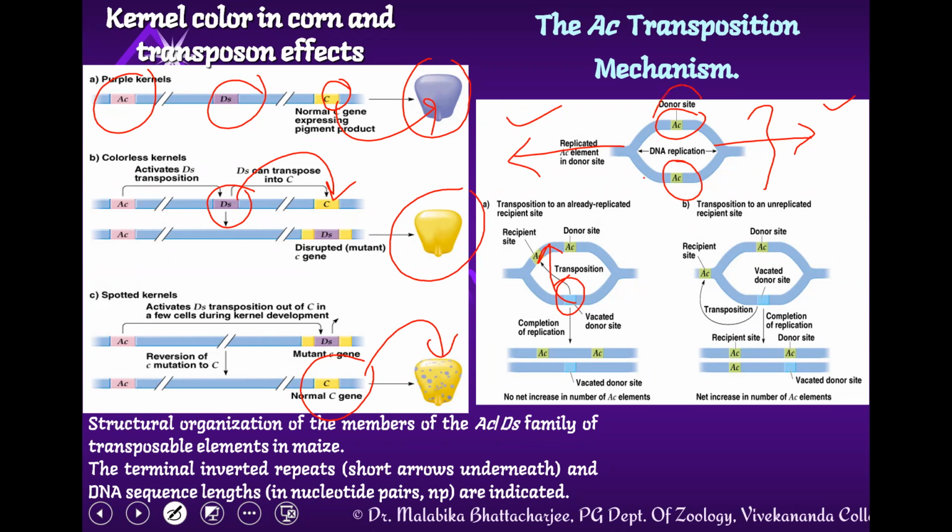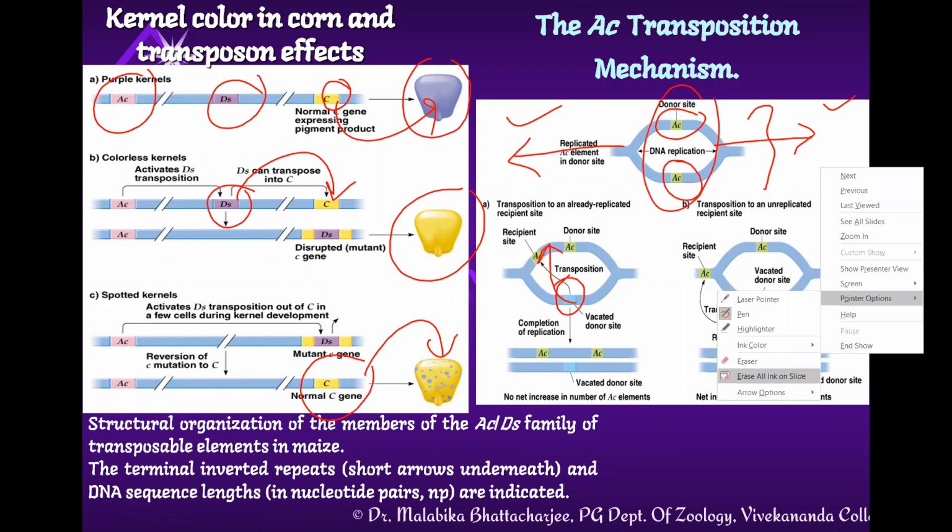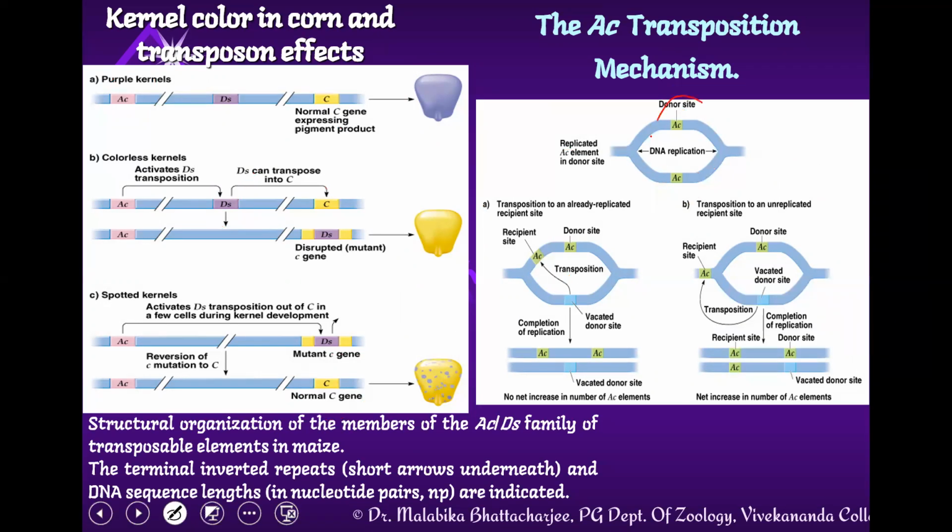Now, we started with two AC elements. Initially, in this particular picture, there were two AC elements, and after transposition has occurred to an already replicated recipient site, you can see there are also two AC elements. So there is no net increase in the number of AC elements.